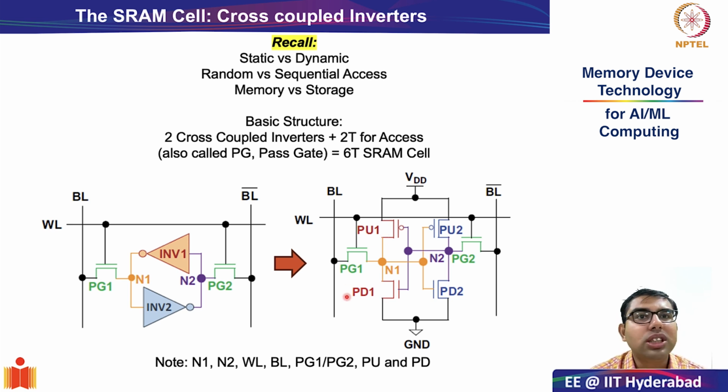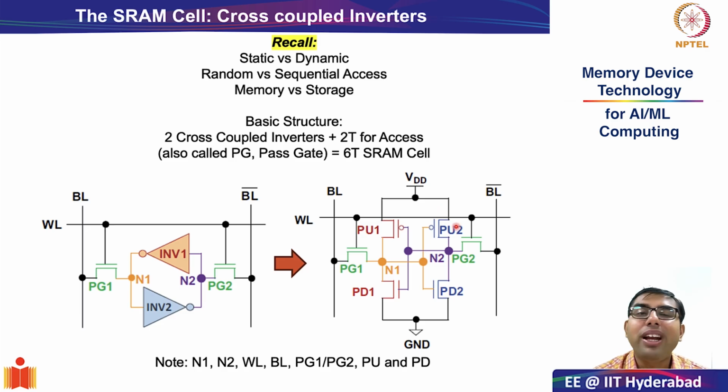From your basic courses in digital or analog CMOS, you may know that an inverter consists of a PMOS pull-up transistor and a NMOS pull-down transistor. They are called pull-up transistors and pull-down transistors because pull-up transistors pin the output to VDD, whereas pull-down transistor tries to pull the output to ground. Right? That's why they are called pull-up and pull-down transistors.